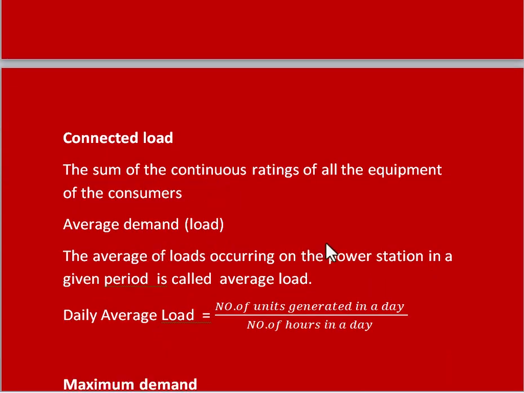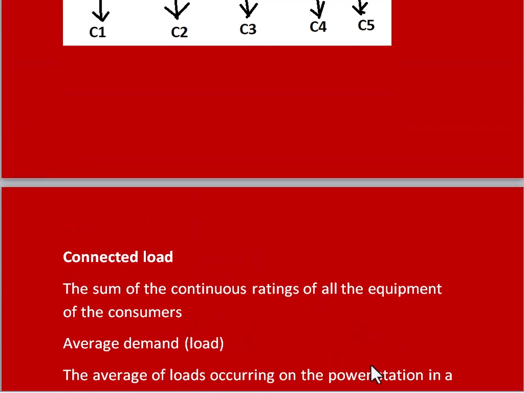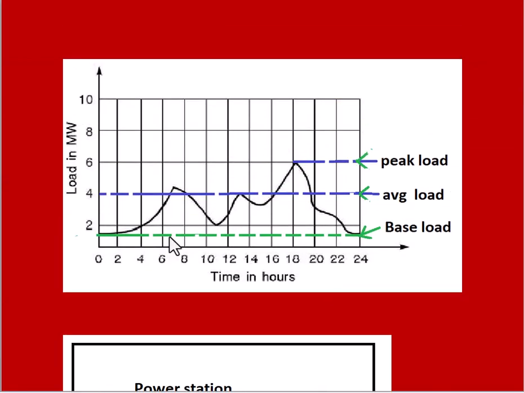Coming to the average load, it can be defined as: average load is equal to the number of units generated in a day divided by the number of hours in a day. The number of units generated can be seen by knowing the area under this curve. On the y-axis is load in megawatts, whereas on the x-axis is time in hours.